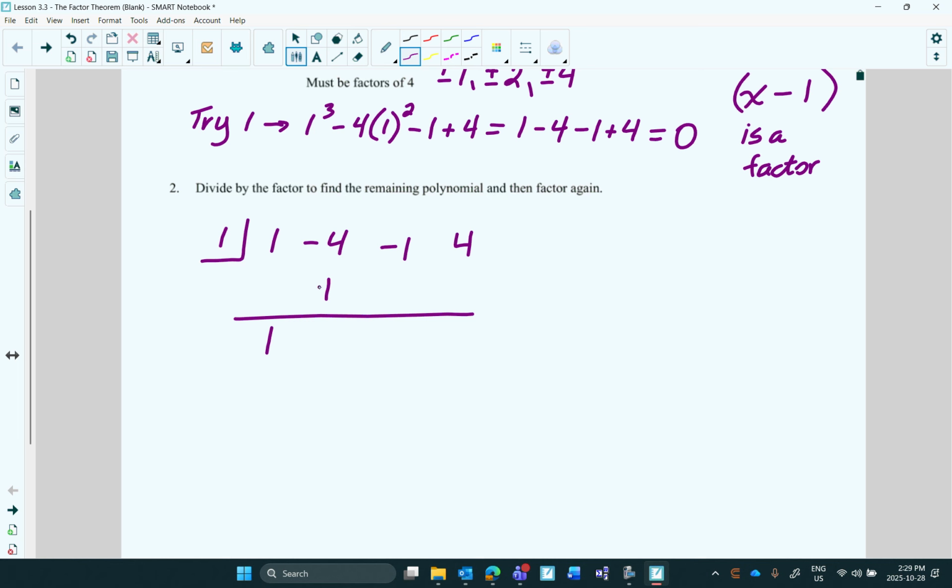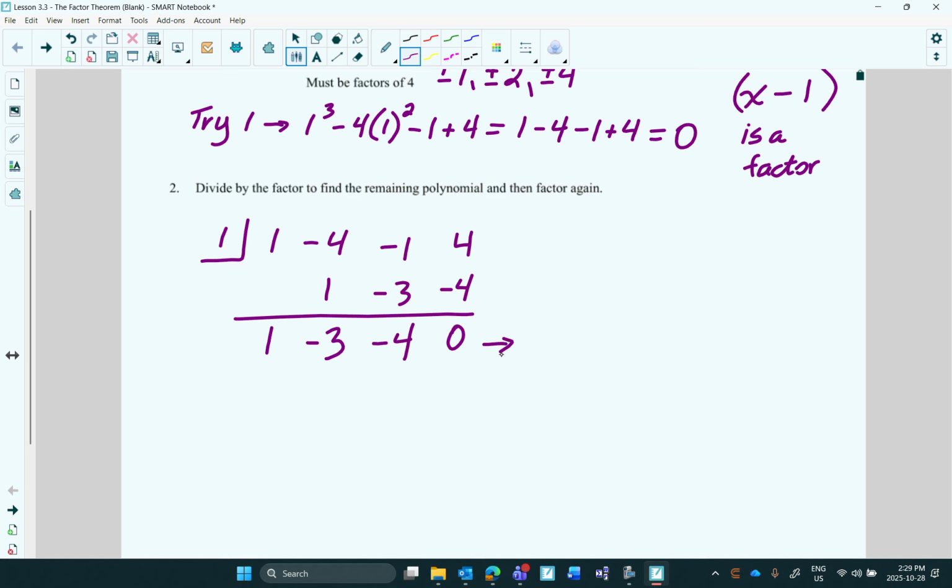Multiply, then add. Multiply, then add. Multiply, then add. How do I know if I'm on the right track? This is where you can check and make sure. Remember, we know this should have a remainder of 0 because we proved it using the remainder theorem. So when I do the synthetic division, it should be 0.